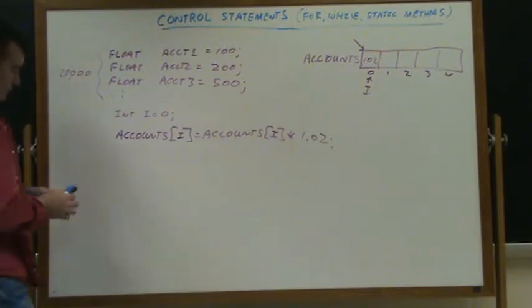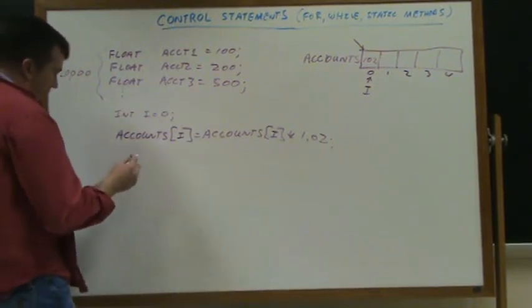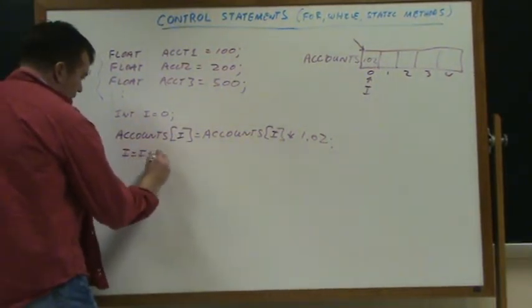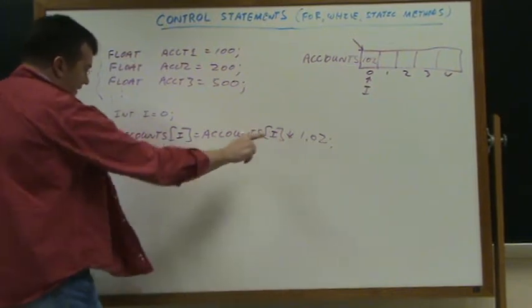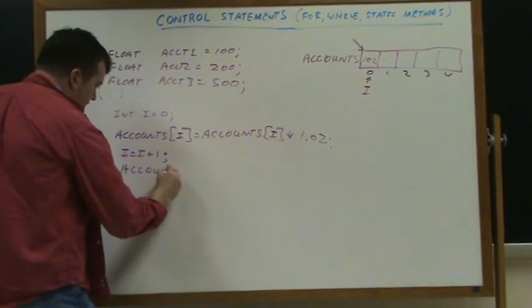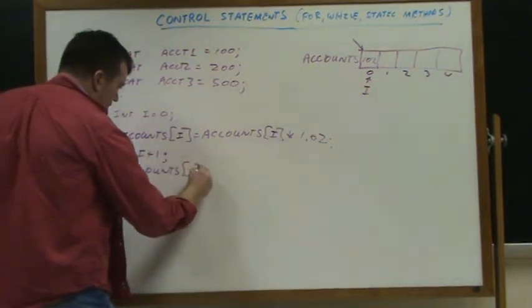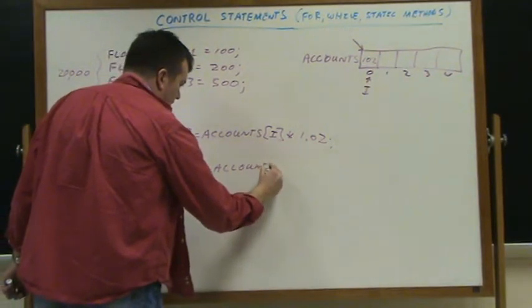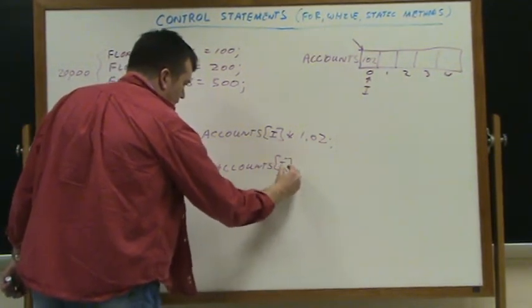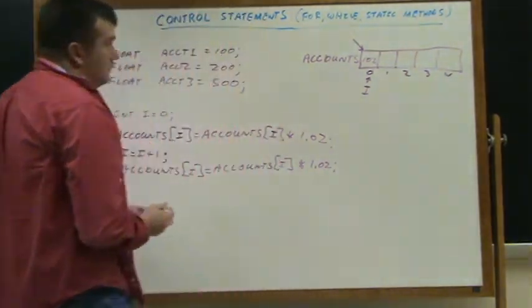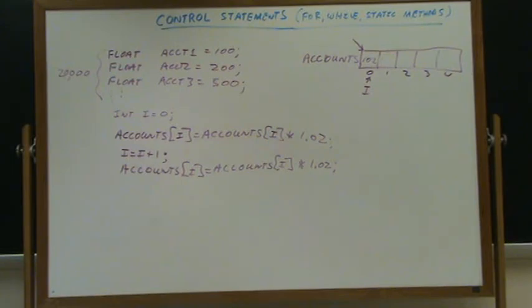Now what we could do, and you might think this looks strange, we could say I equals I plus 1, and then write the next line exactly the same as this one. This is kind of what we had before.